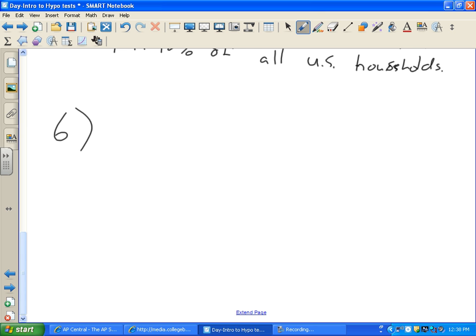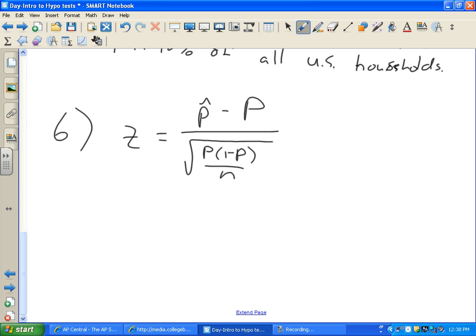Step 6. We're going to be using a z-statistic. Your z-statistic is p hat minus big P over the square root of p times 1 minus p over n. Like I haven't seen that before somewhere.